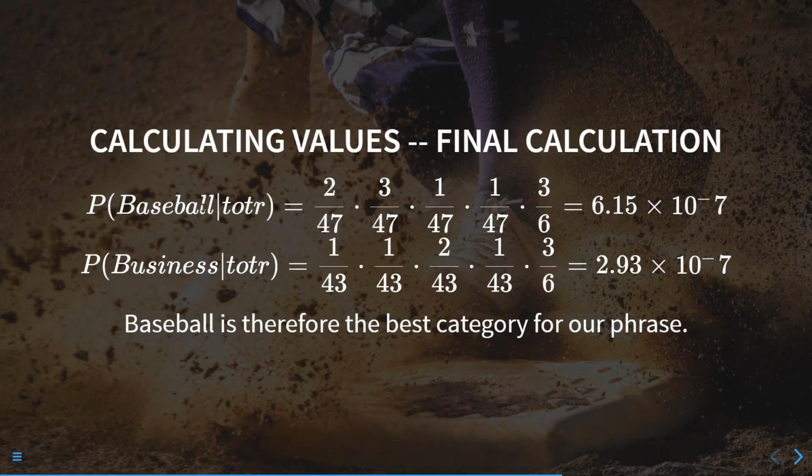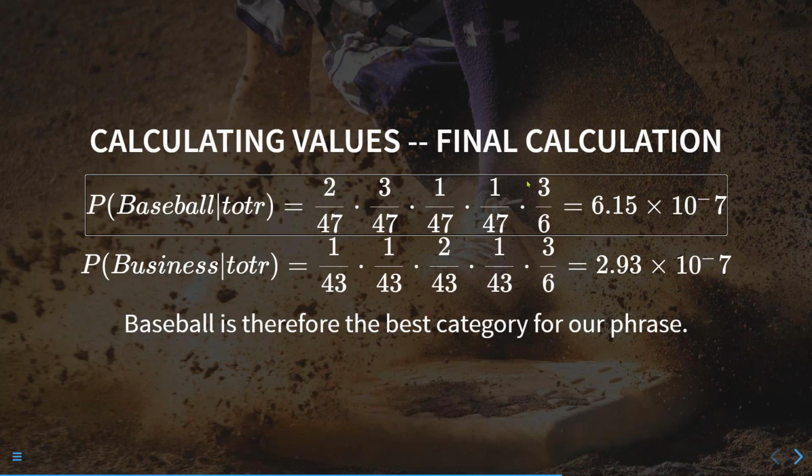So let's do our probabilities. Probability, given the term throughout the runner, that this is a baseball concept, is the probability of each of those words being baseball concepts multiplied by the probability that you'll have a baseball term as opposed to a business term. So basically it ends up being this really small number, 6.15 times 10 to the negative 7th.